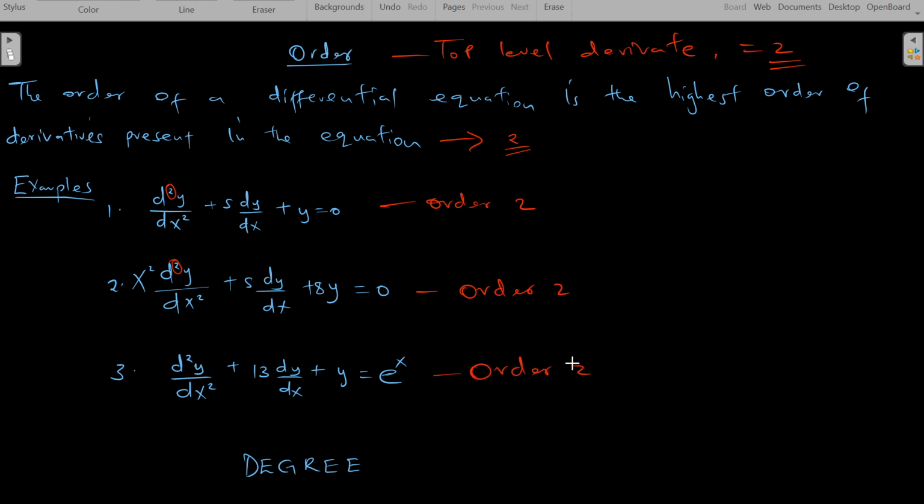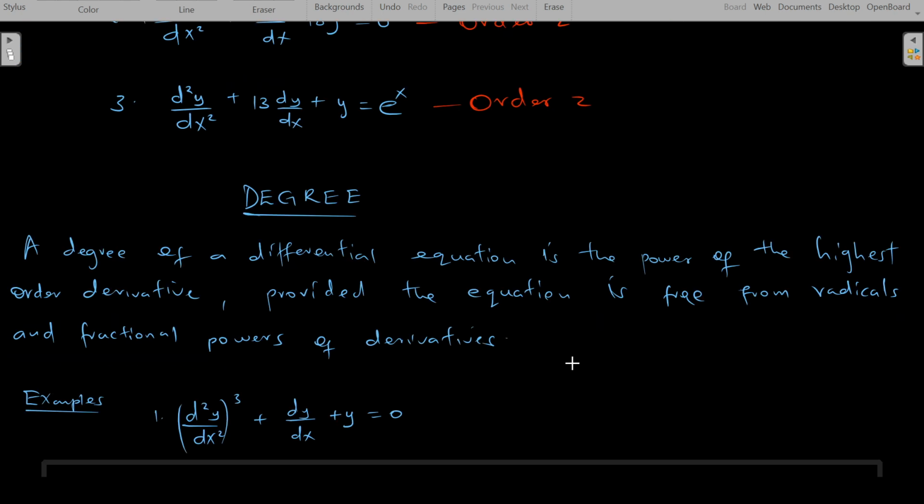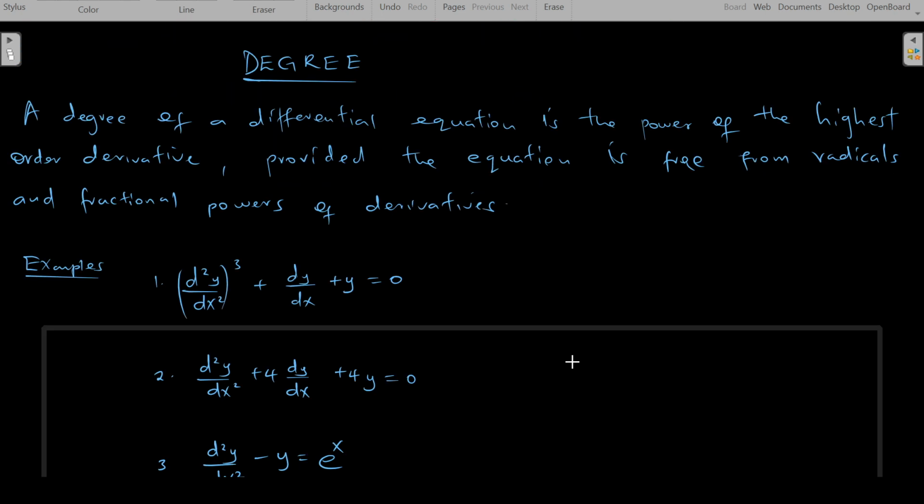From there we look at the concept of degree of a second order differential equation. The degree of a differential equation is the power of the highest order derivative. We must look initially for the order, then from that order determine the degree, provided the equation is free from radicals and fractional powers.